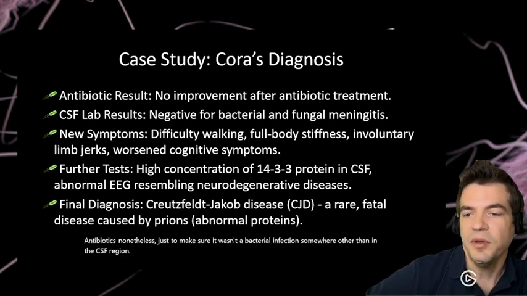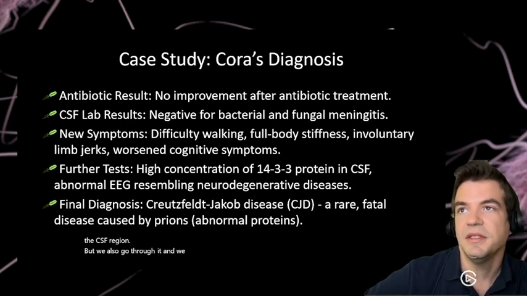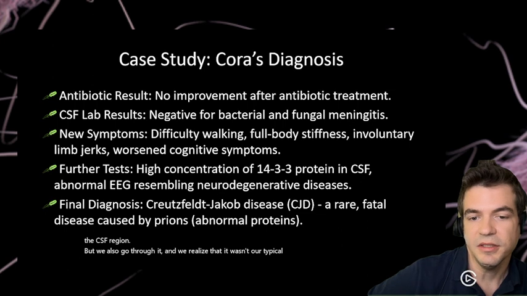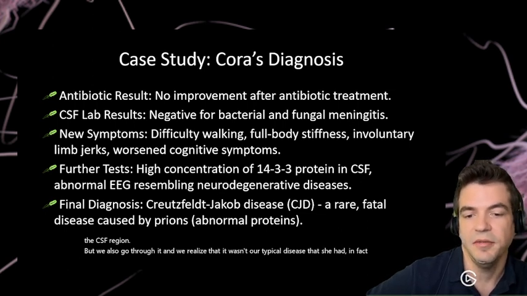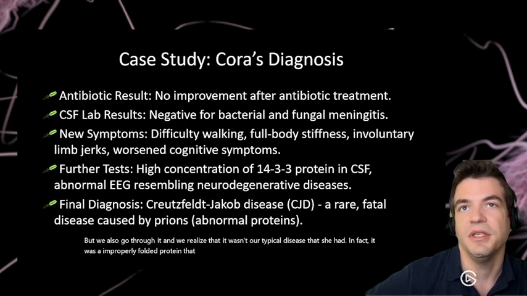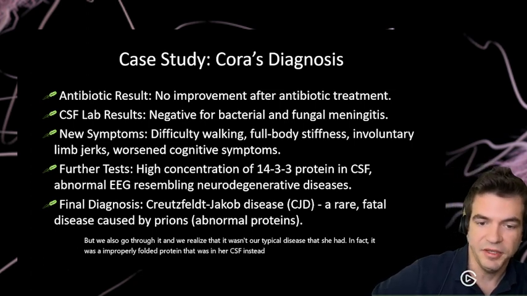But we also go through it and we realize that it wasn't our typical disease that she had. In fact, it was an improperly folded protein that was in her CSF instead of bacteria.